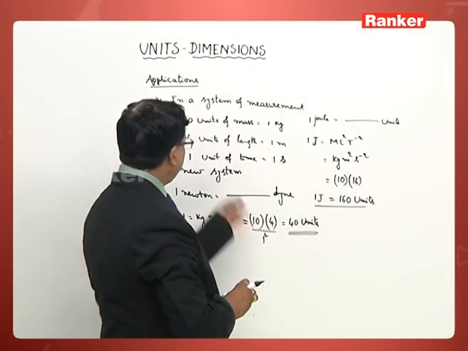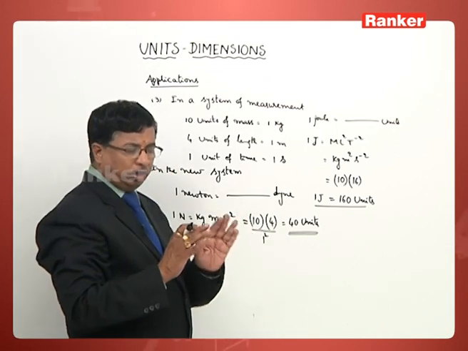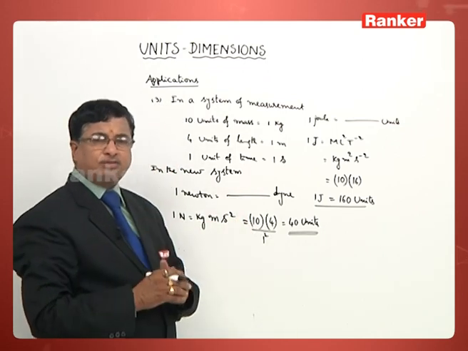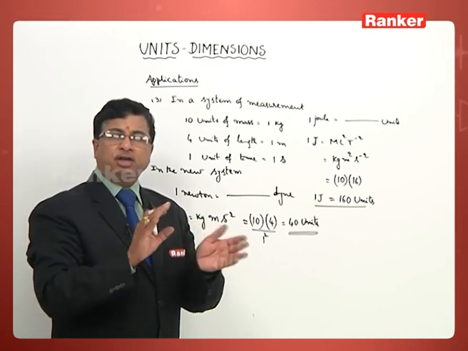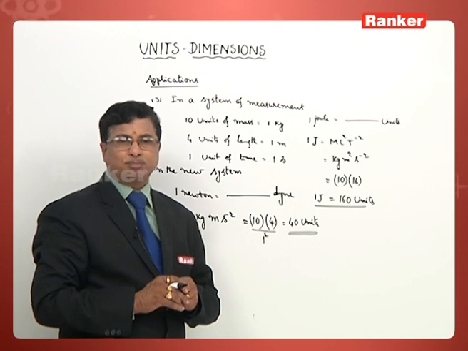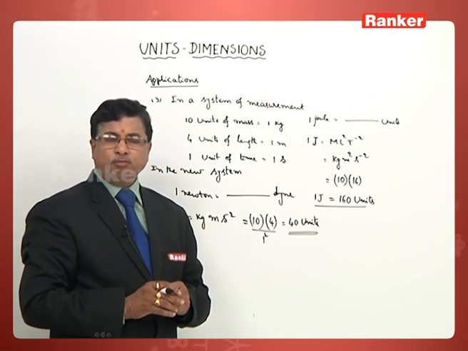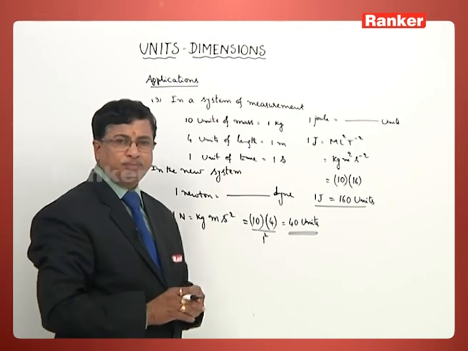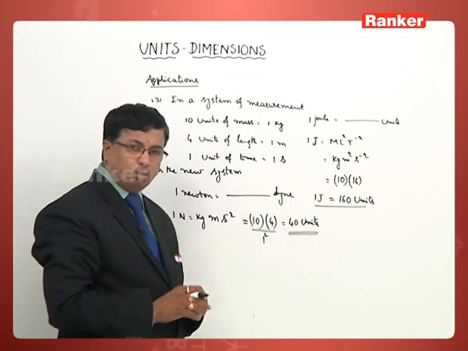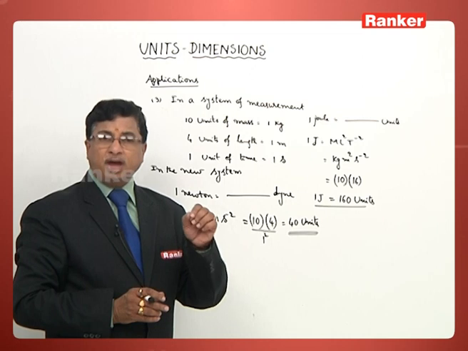So, in such model questions, they used to imagine a particular system. In that system, some equivalent relations are going to be provided to us. According to the given values or relations, we need to estimate the value of a Newton, of 1 joule, 1 Pascal, 1 watt.